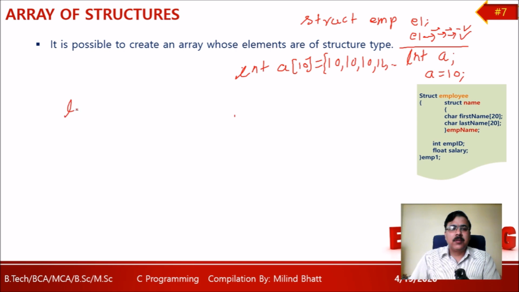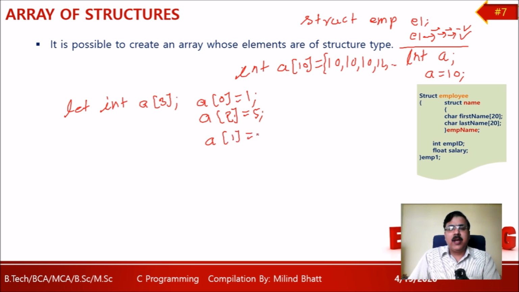Let integer a have 3 array elements, then I can give a0 as 1, a2 as 5, and let's say a1 as 6. All such values can be given to an array whose type is integer.